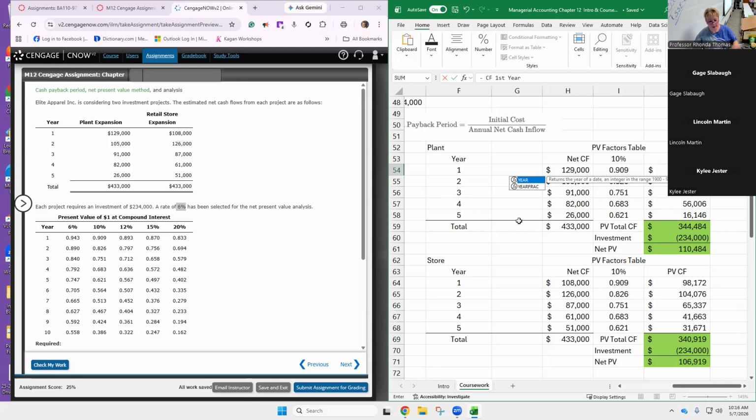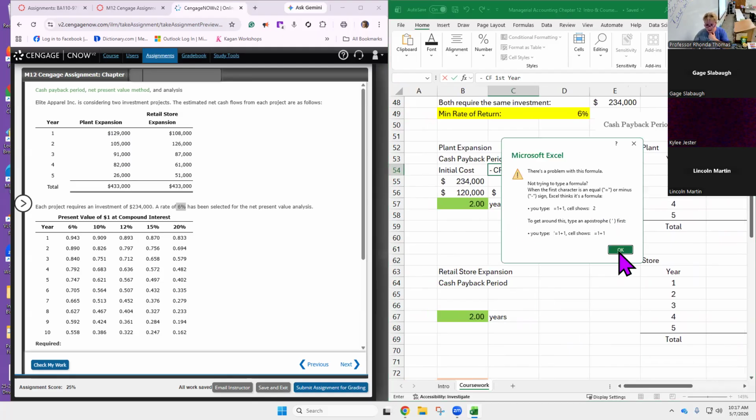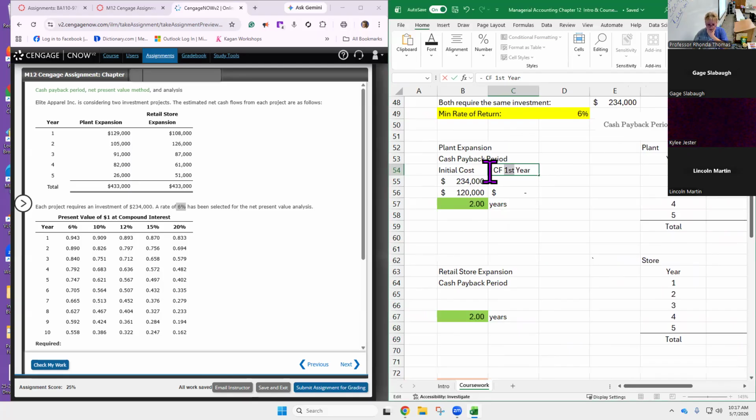So remember, the payback period doesn't use any time value of money. So you're simply going to use the cash flow that they have given you. So my first one is to take my cost and subtract the first cash flow that I have been given.